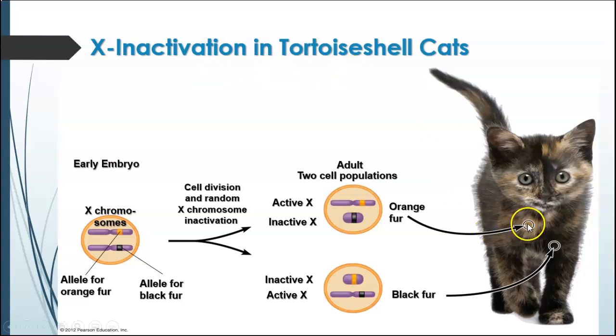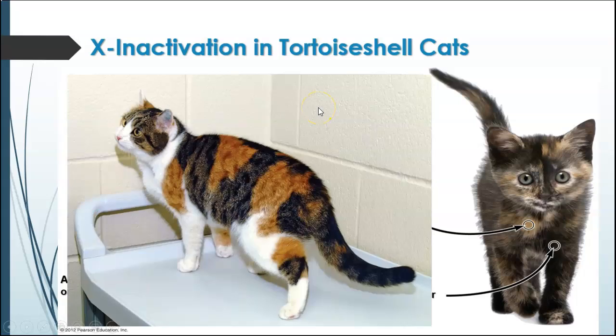And so that's how you end up with patches of orange and black fur, depending on which cell those particular cells descended from. And here you see a calico cat where you have the same kind of thing. The patches of color are just on a white background.